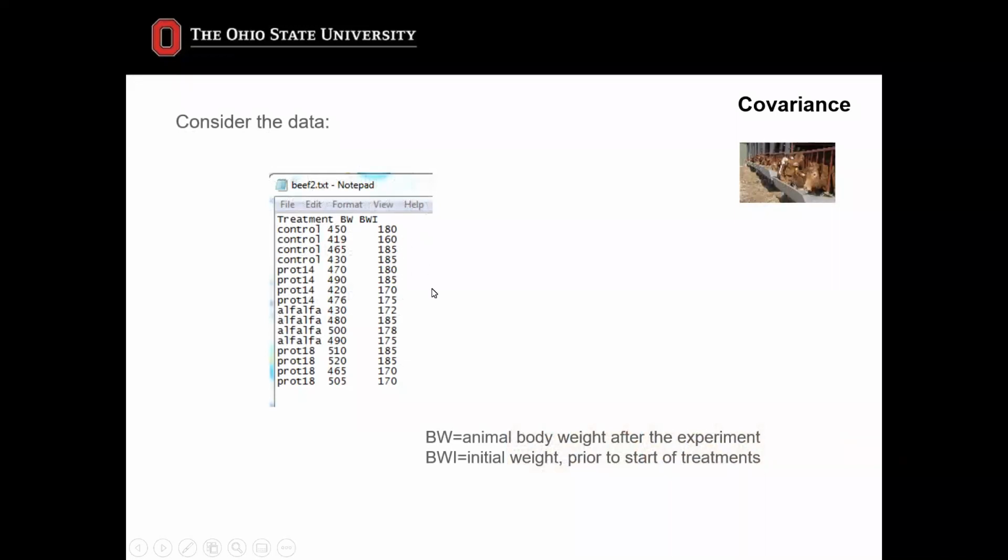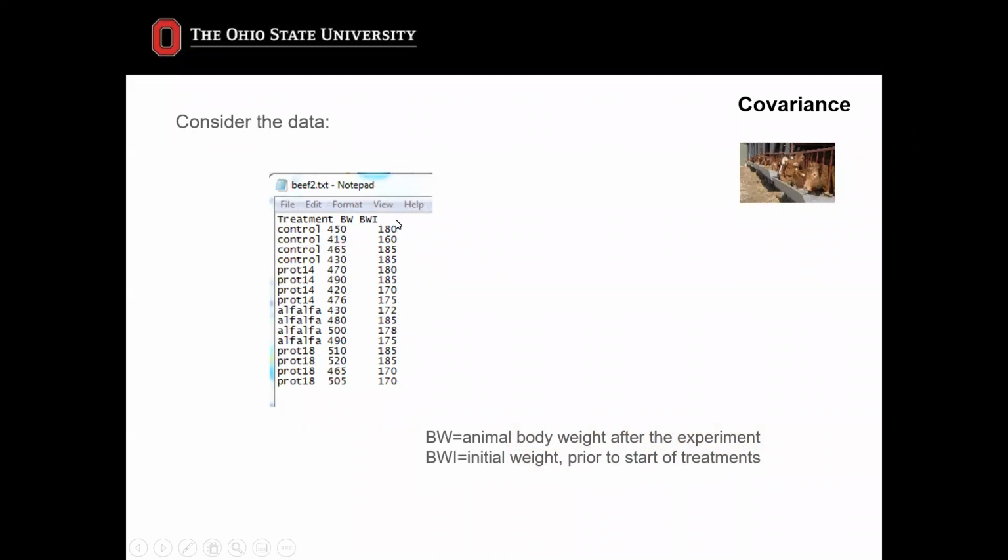So our data might look something like this. Here we can see the 4 treatments: the control, the 14% protein, the alfalfa, the 18% protein. We can see the body weight in kilograms at the end of the study, the response variable, the weight after the experiment, and BWI, the initial weight prior to the start of treatments.